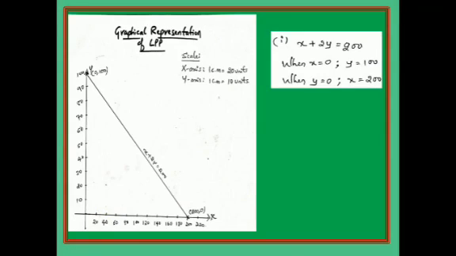So in a similar way, on the y-axis, what is the value of x? See here, if I am taking 20 on one particular line, what is the value of x here? 20 on this particular line. And if I take one line here, on this particular line, x equals 40.